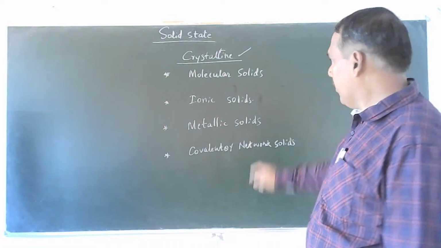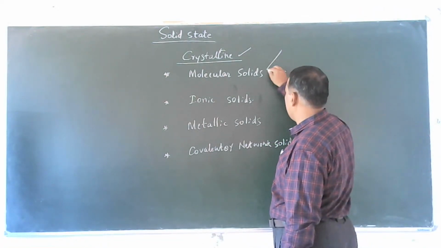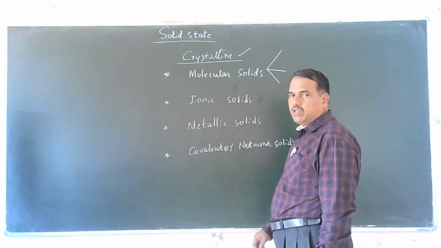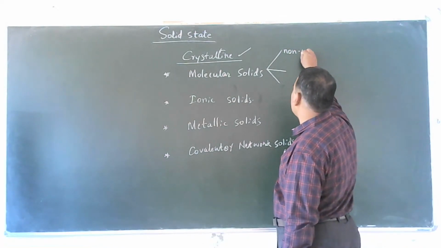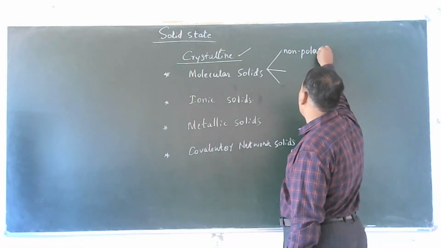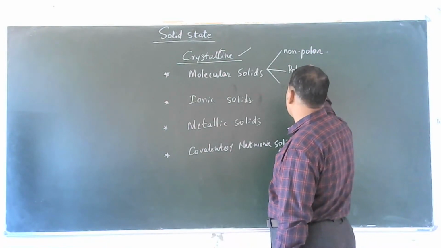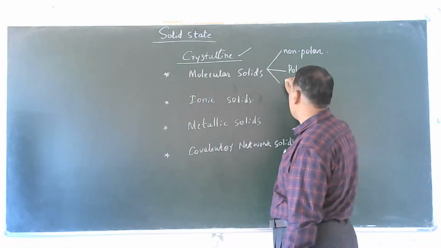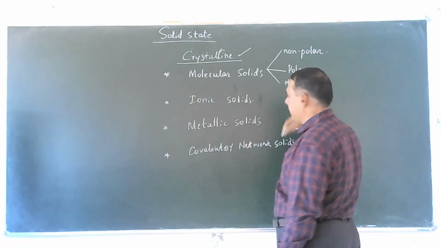Okay, we shall study one by one. The molecular solid is again classified into three categories: one is non-polar molecular solid, another one is polar molecular solid, and another one is hydrogen bonded molecular solid.